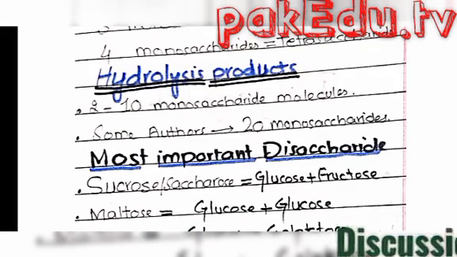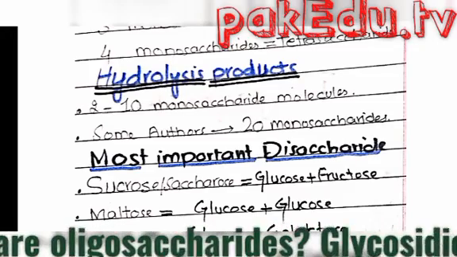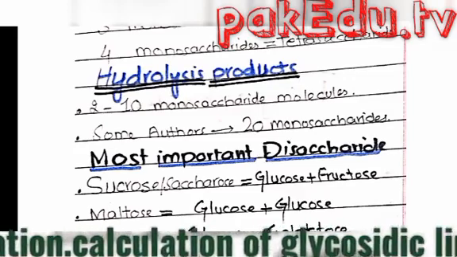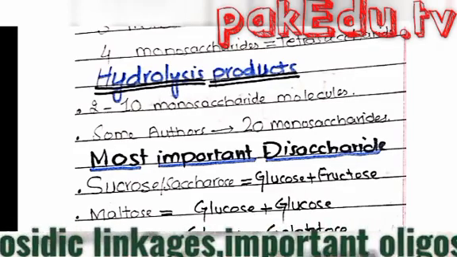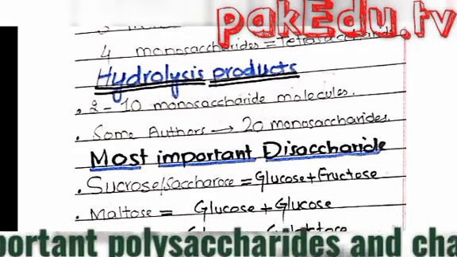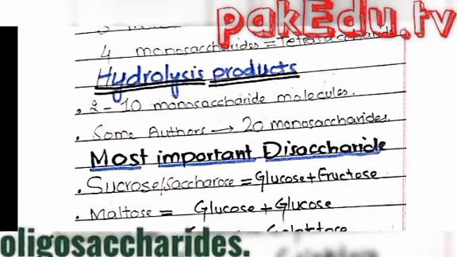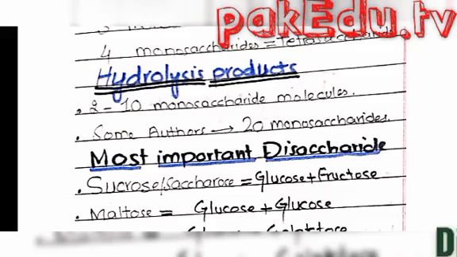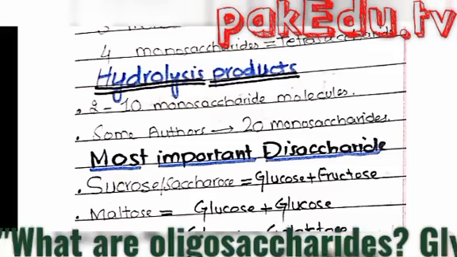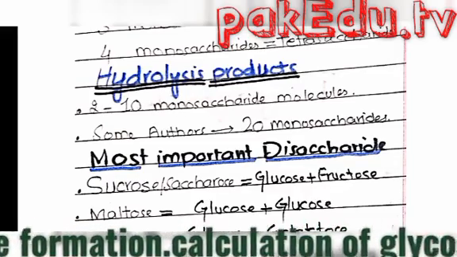If 10 monosaccharides combine, then 9 water molecules will be released and 9 glycosidic linkages are formed. So the number of water molecules produced and the number of glycosidic linkages formed is equal to one less than the total number of monosaccharide subunits that reacted to form that oligosaccharide. I hope you got that point.